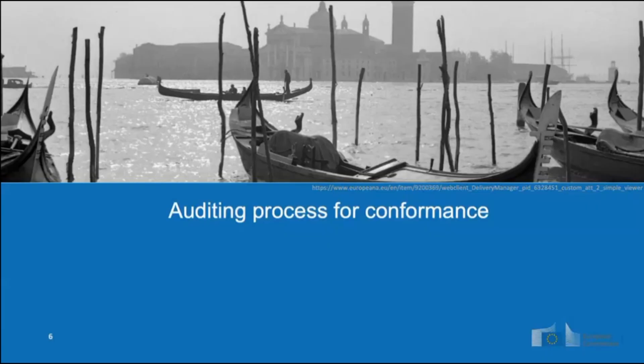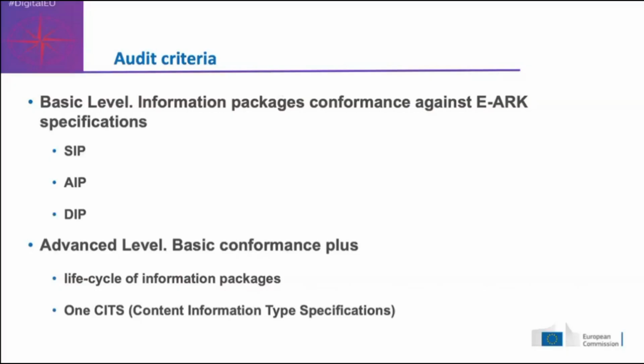So, coming to the auditing process for conformance. There is the basic level, which checks if the information packages are conformant against the eArchiving specifications for the SIP, AIP, DIP. The common specification for information packages is the basis for all of them. This is checked first.